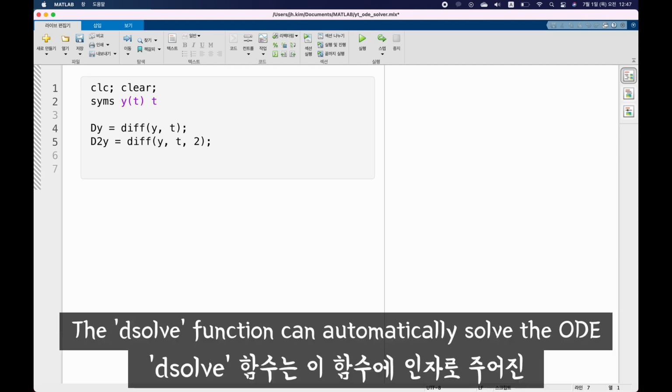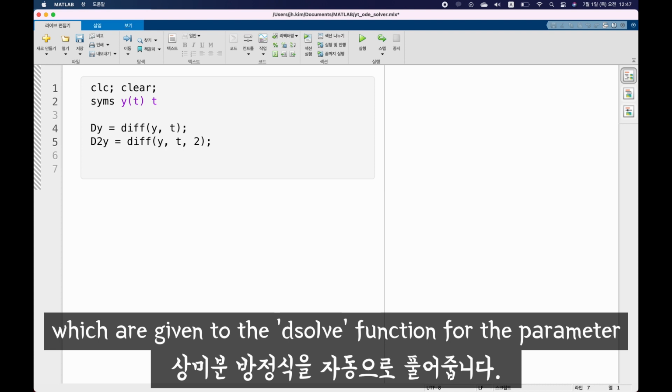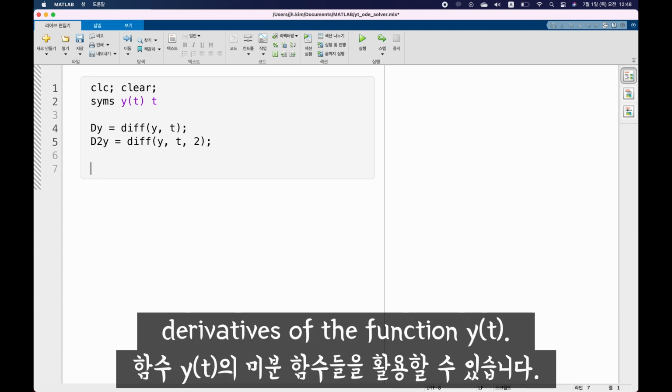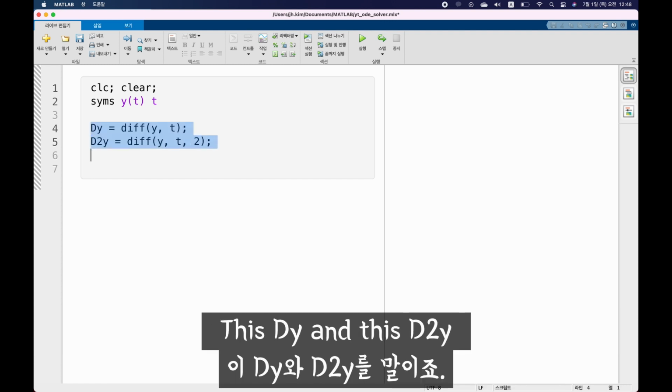And then the dsolve function can automatically solve the ODE which is given to the dsolve function as a parameter. To define the ODE, you can utilize the predefined derivatives of the function y(t), this dy and this d2y.